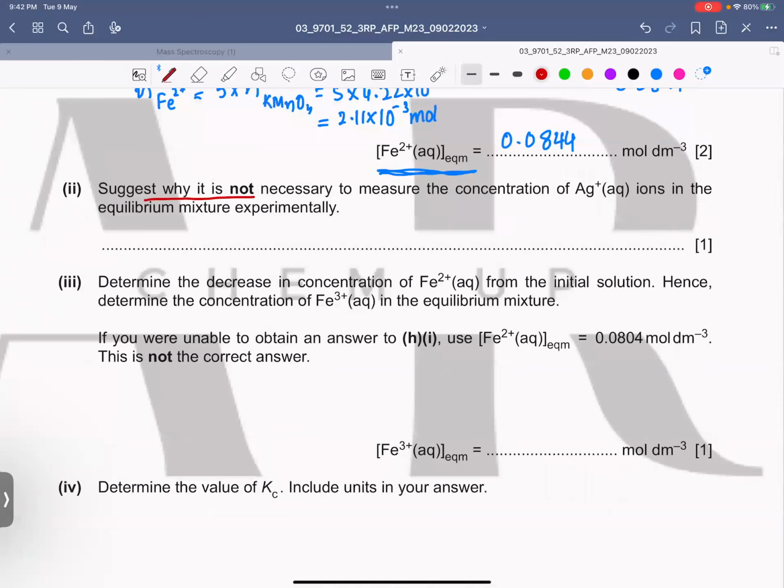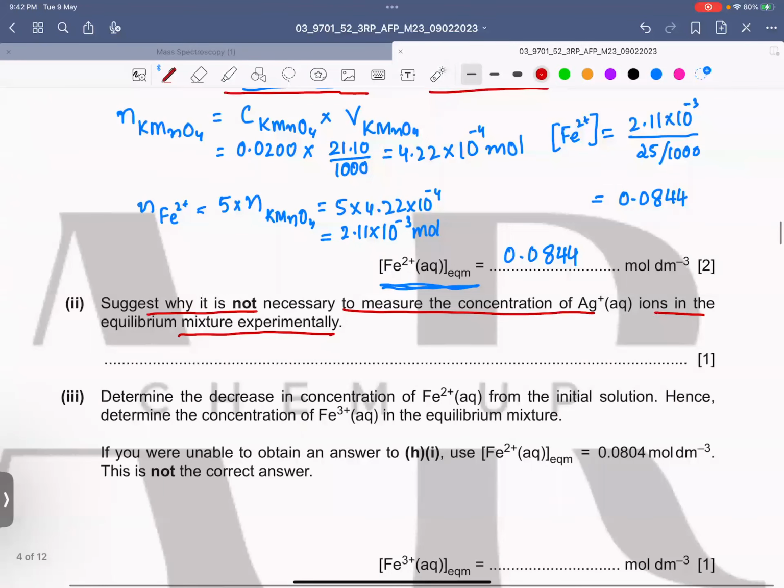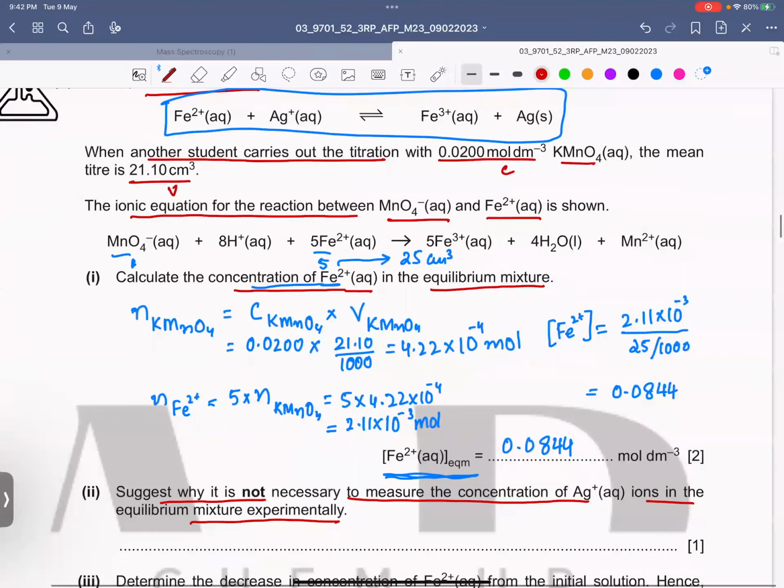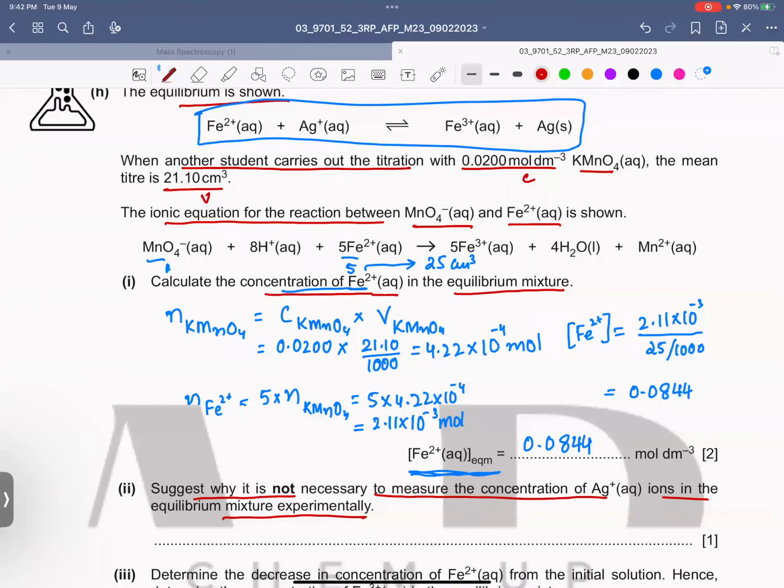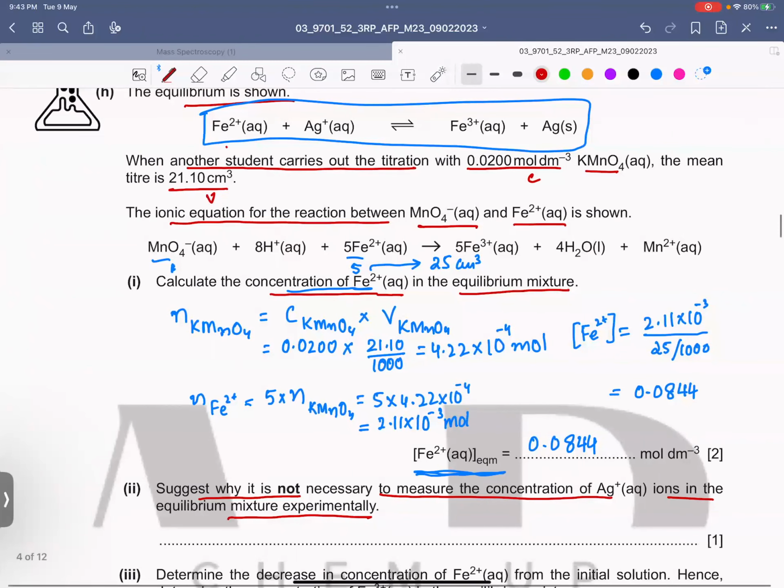Suggest why it is not necessary to measure the concentration of Ag positive ions in the equilibrium mixture experimentally. Who can answer this part? You can take help from the chemical equation as well. What is the mole ratio of iron 3 positive ion, silver 1 positive ion, and iron 2 positive ions? Sir, 1 to 1.